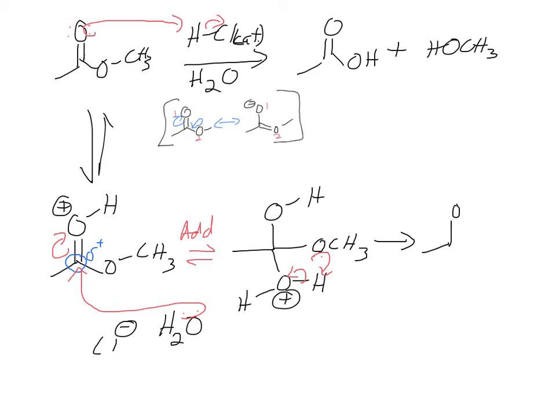It's kind of a lazy way to do it, but that's okay. Time sometimes is of the essence. And now what you've done is you've turned this part, the ester part, into a better leaving group. This is still the best leaving group, but now this is a really good leaving group. So now when these electrons come down, this will get kicked out.